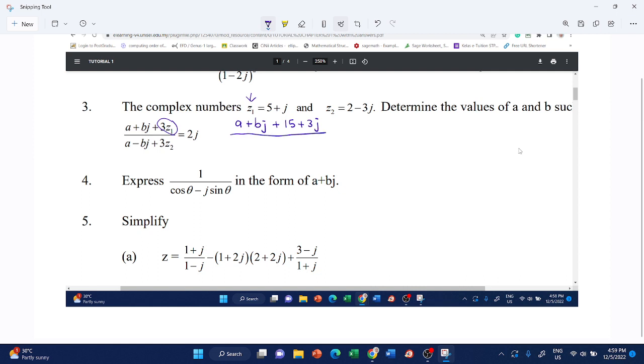And then the denominator will have a minus Bj. Same thing because A and B are unknown, right? But we can do here. So z2, this is our z2, it will be multiplied by 3. So we have here 6 minus 9j.